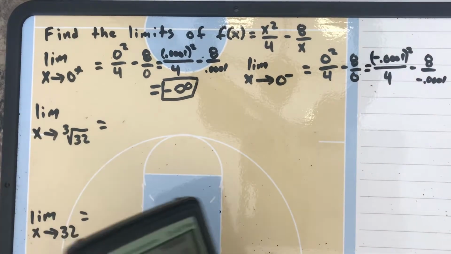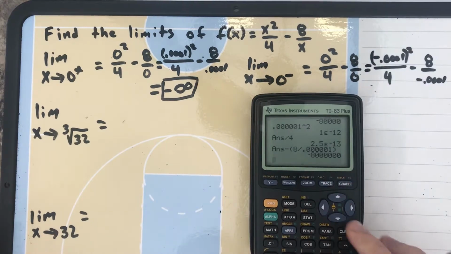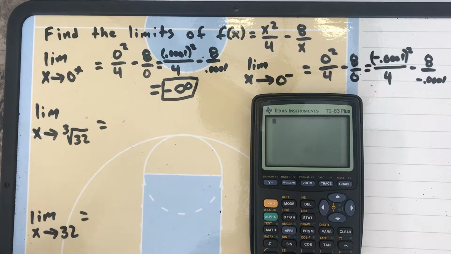If I plug that into the calculator, I take negative 0.0001 and square it, taking it times itself, and I get a positive number. I divide it by 4. Now I'm going to subtract 8 divided by negative 0.0001.